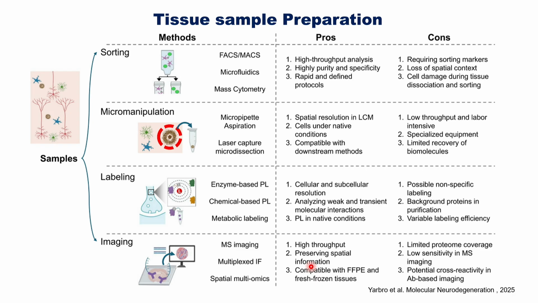Now, apart from liquid biopsy, you can do the proteomics with the tissue sample. Let's say Alzheimer's patient, a human with Alzheimer's, how will you get the sample? Very good.